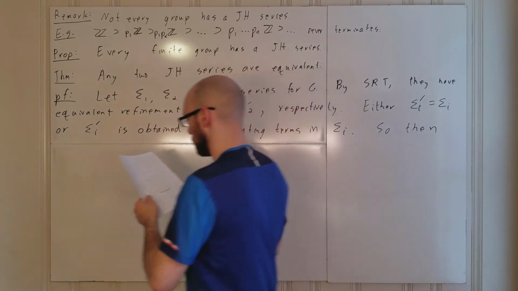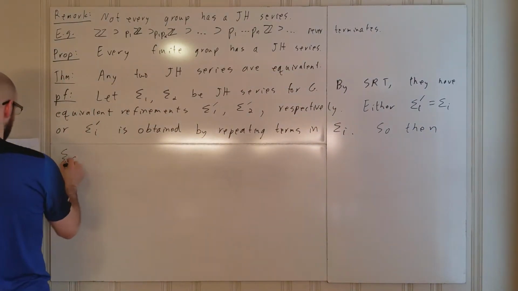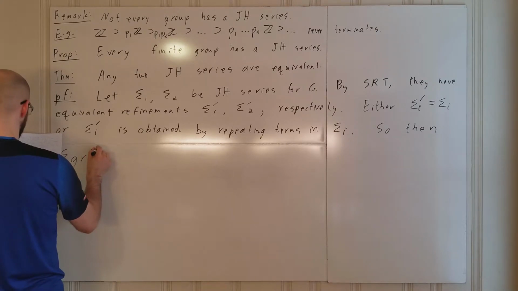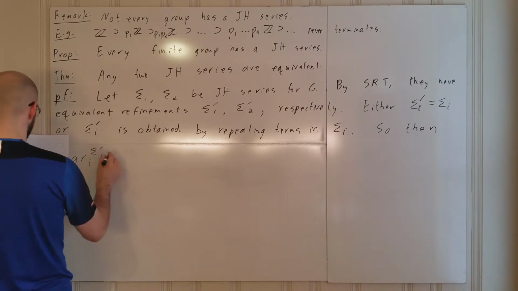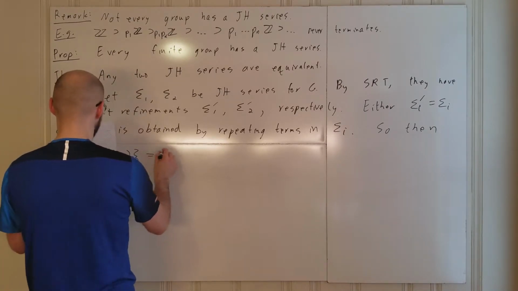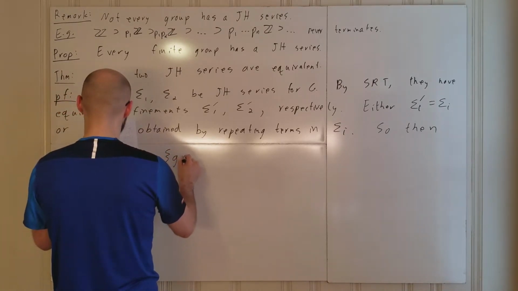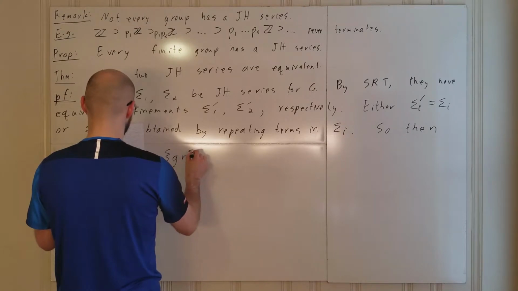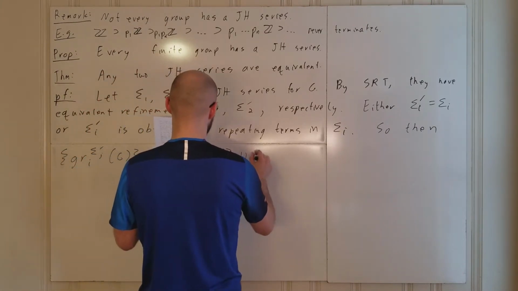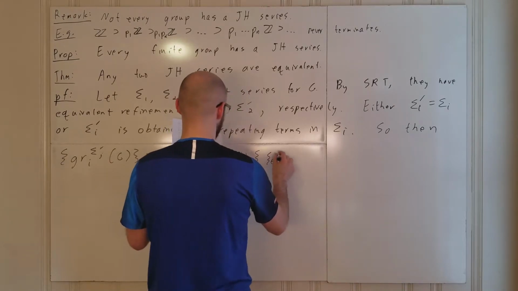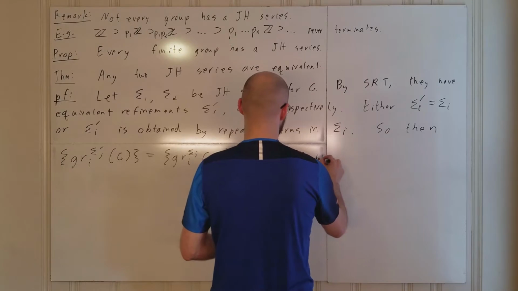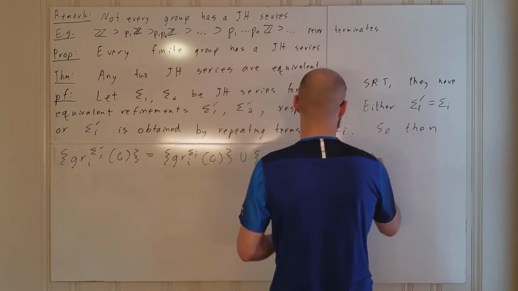So then, what do we have? It's going to be a little bit hand wavy. The graded pieces gr_i of sigma j prime, G, is going to be equal to gr_i of sigma j, G, union just e repeated some number of times.